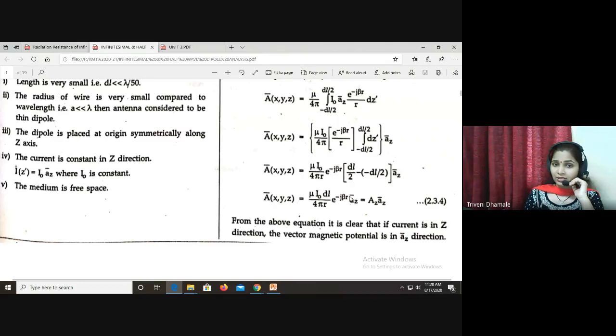Now as this is the az cap, this complete term is the scalar part.